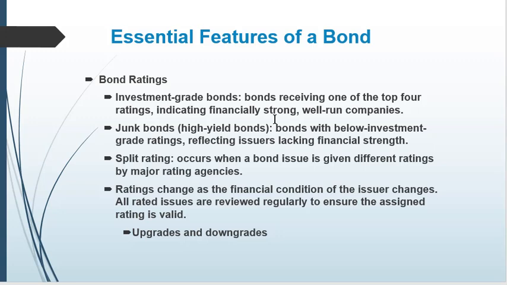When these companies rate the debt, they also, from time to time, will disagree with each other. So there could be split ratings, that is, the two companies looking at these debts could give different outlooks, if you will, on the safety of the debt itself.